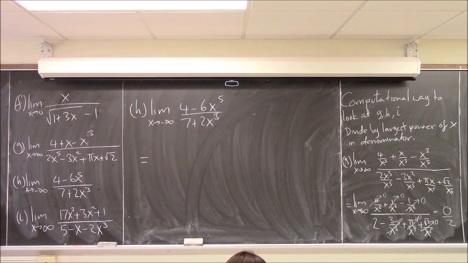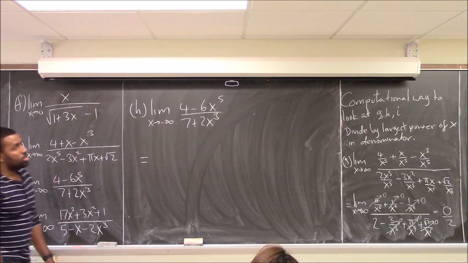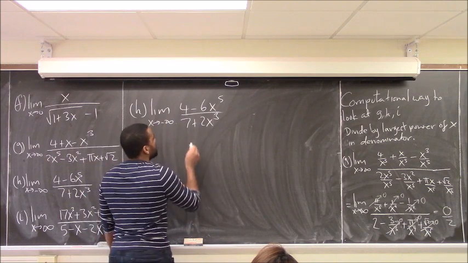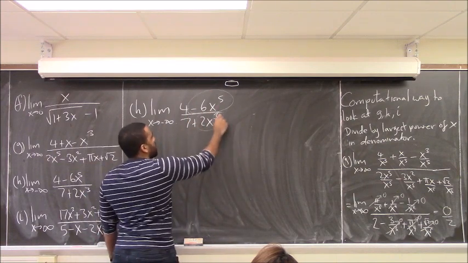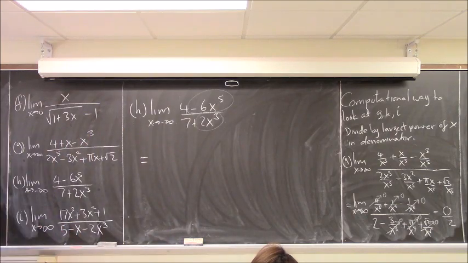Anyone? Yeah? Negative infinity. Negative infinity, explain. Well, because the top is much larger than the bottom. Well, specifically, the power of x in the top is larger than the largest power of x in the bottom. Say it that way, right?